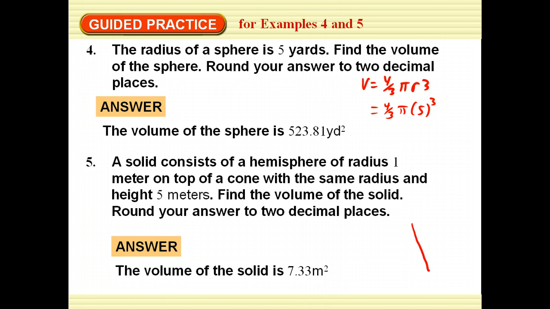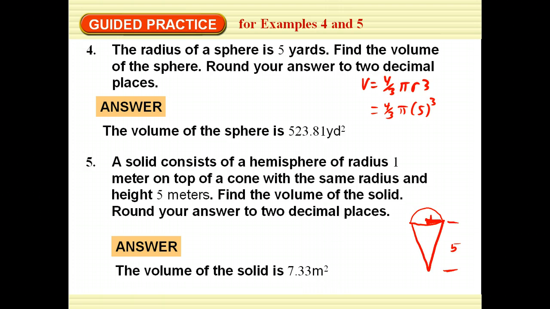What we need to think about is basically an ice cream cone. We have a hemisphere of a radius of 1, so here is my radius. From the center to the outside is 1. And the cone has the same radius, but the cone has a height of 5.